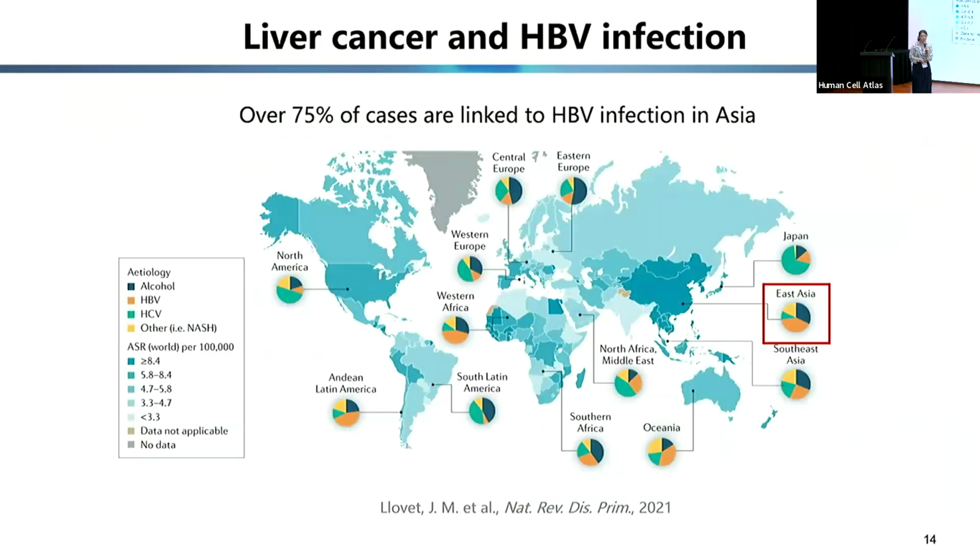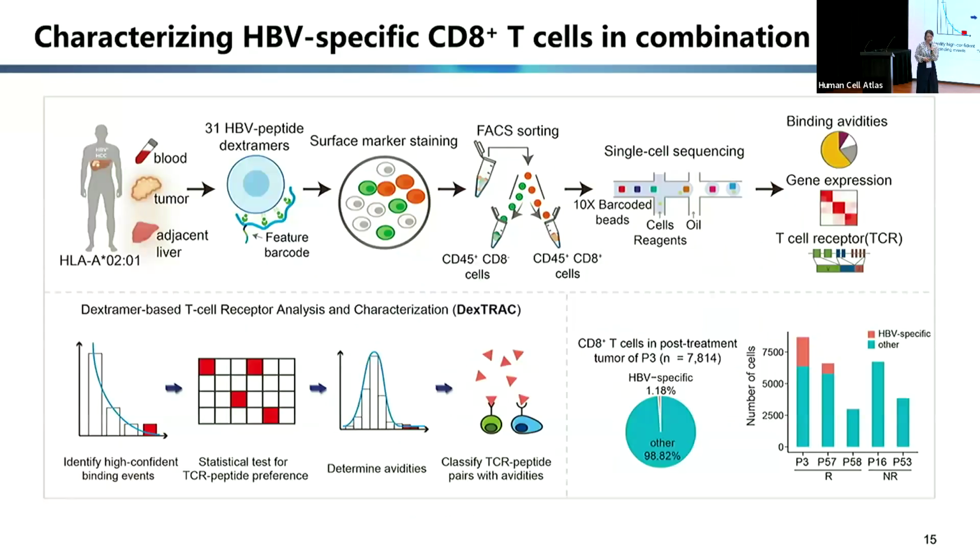Another key question for this study is how HBV-specific T cells contribute to the therapy. Because one of the key features of liver cancer in Asia is that over 85% of these patients are linked to HBV infection. And those HBV-specific T cells could be related to immune response.